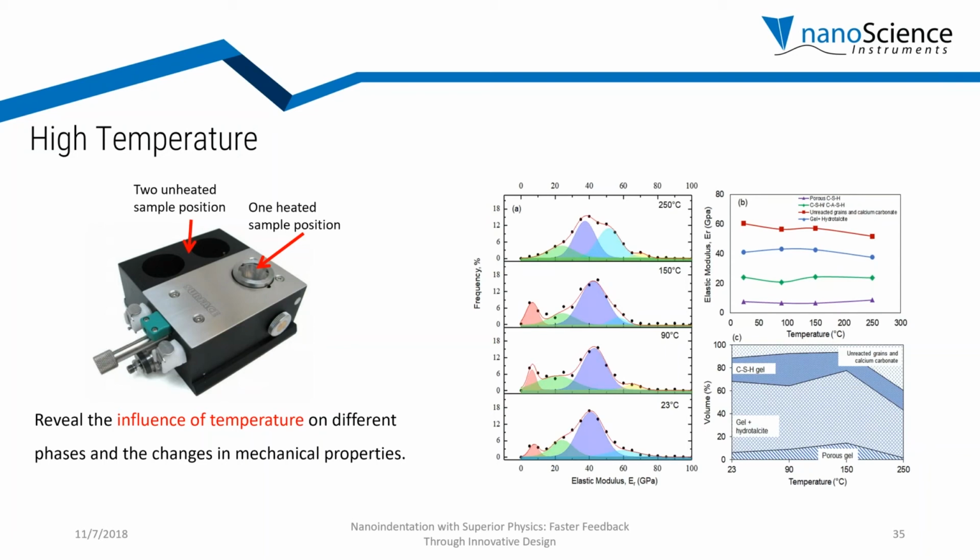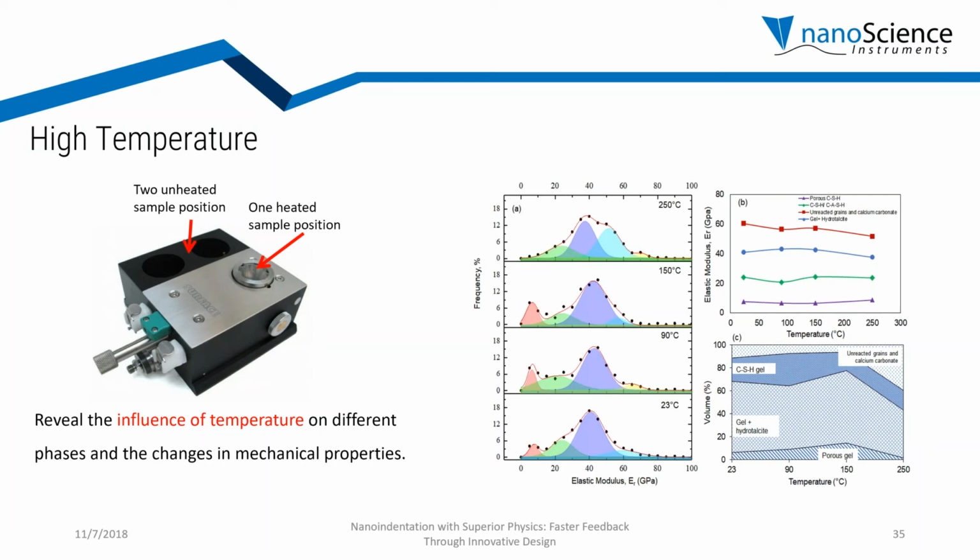You heat both your sample and the tip, so you have no thermal gradients. Whatever you're measuring is the true properties of the material at the actual temperature. And you can keep doing the experiment. You can measure your properties at 100, 200, 300, 400, and actually see whether my material is softening or it's remaining the same, for different kinds of materials.